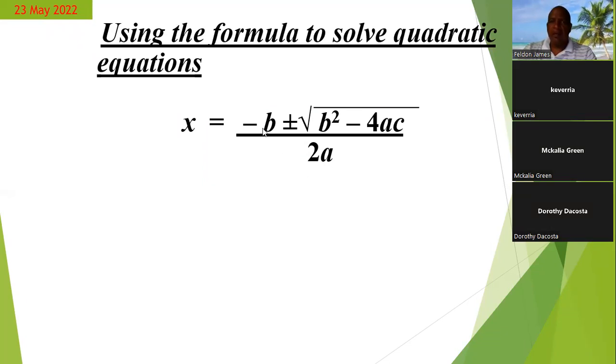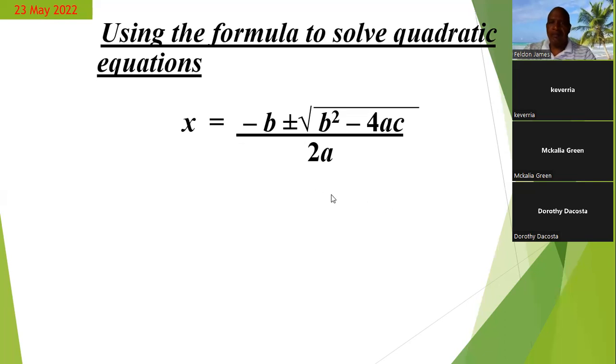You'll have to determine what A, B, and C are. Once you find them, you just plug them in the formula, calculate what is under the square root sign first, and then you do the remaining calculation to get your answer for X.